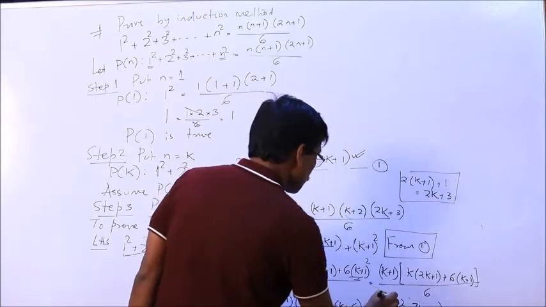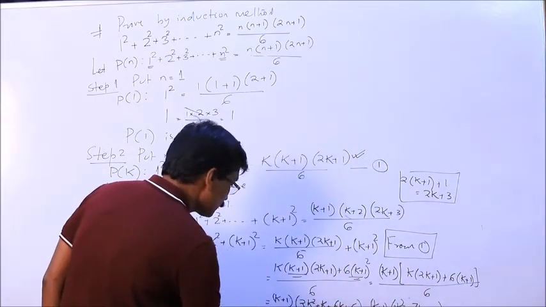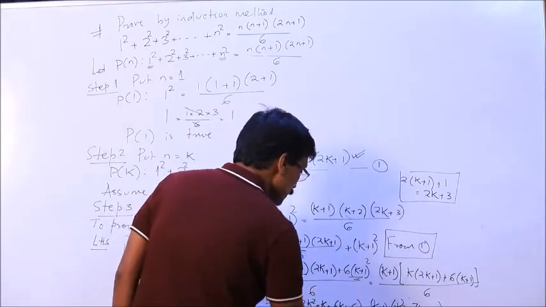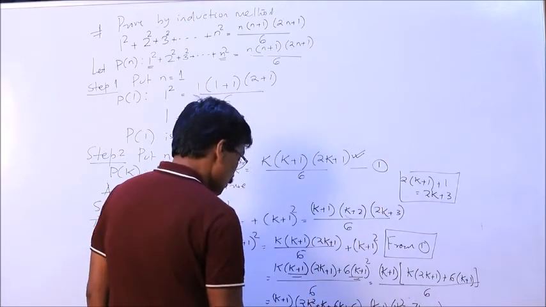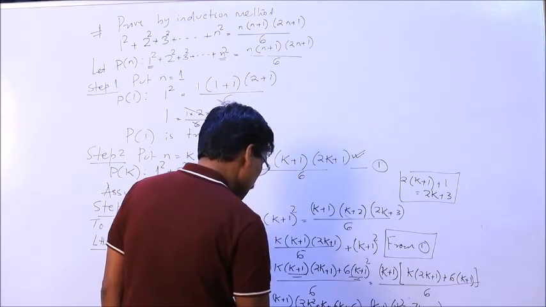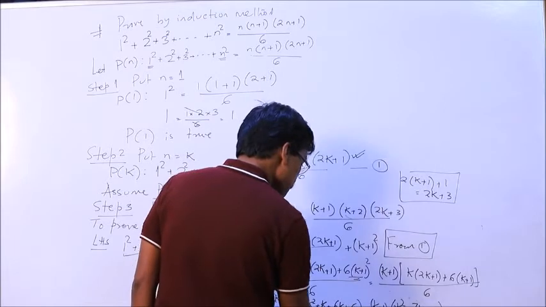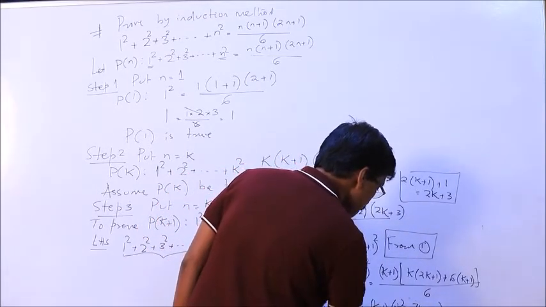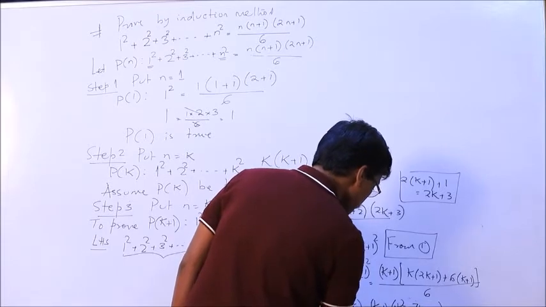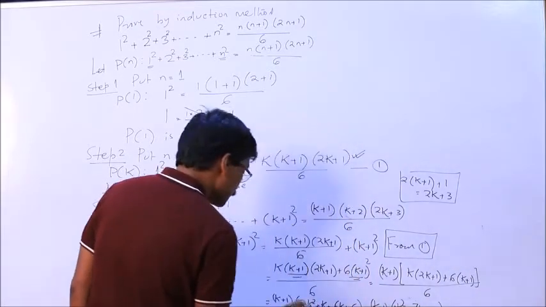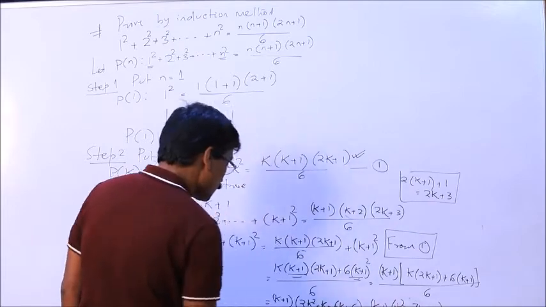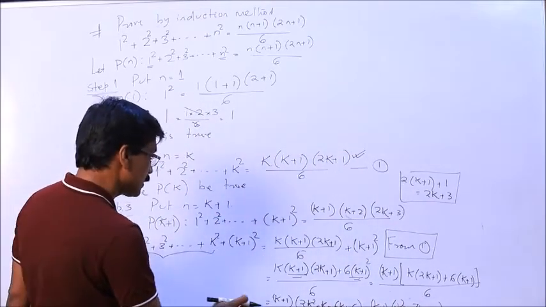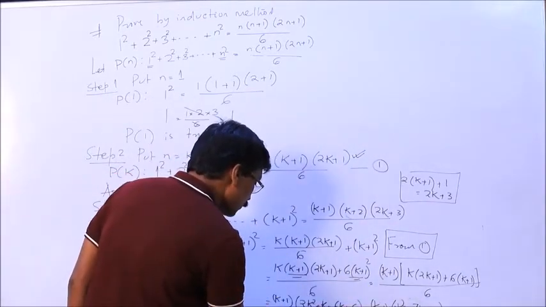This is 2k square, that is 2k square plus 4k and 3k plus 6, that is 7k, it is 4k plus 3k.